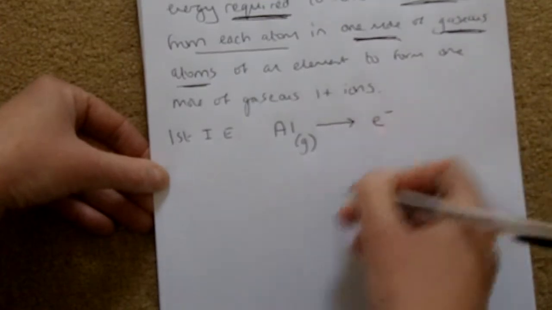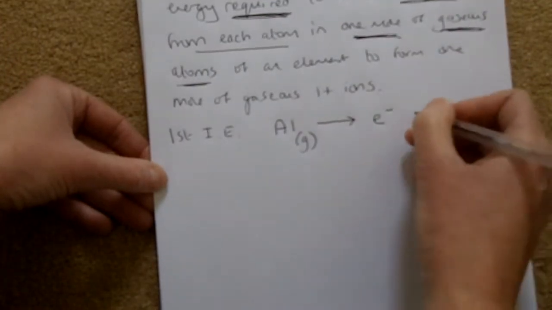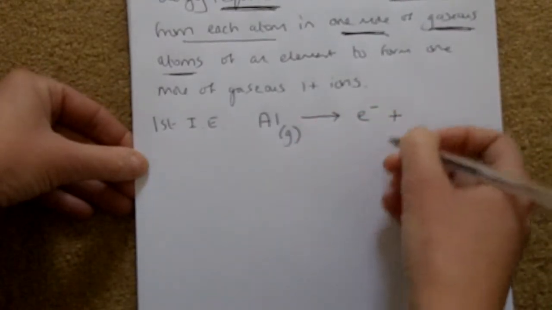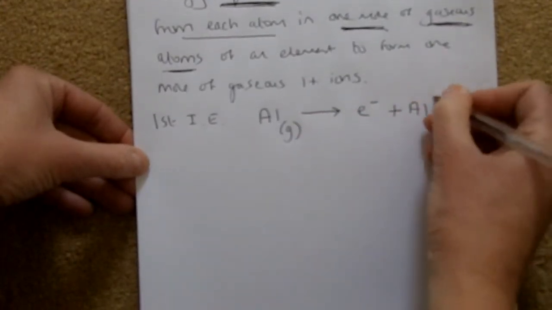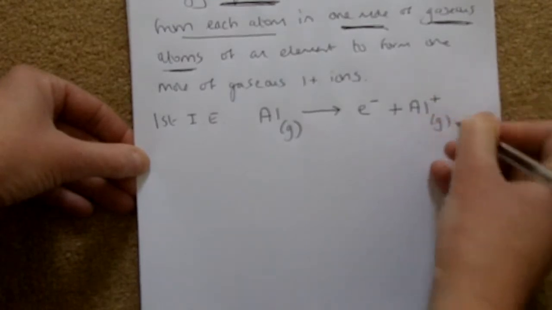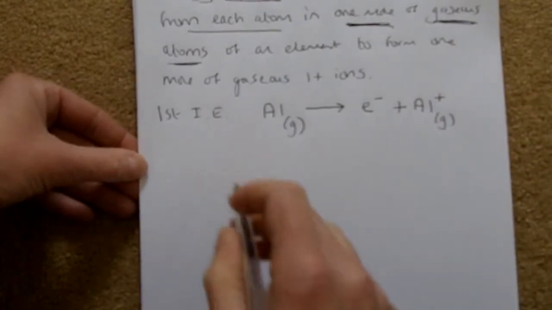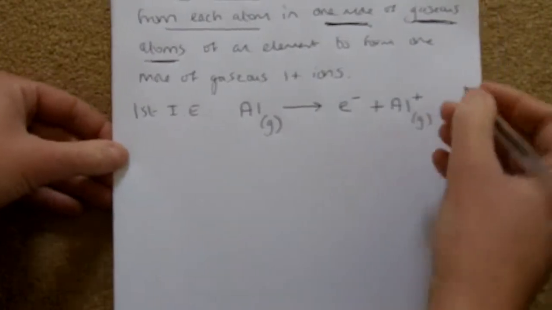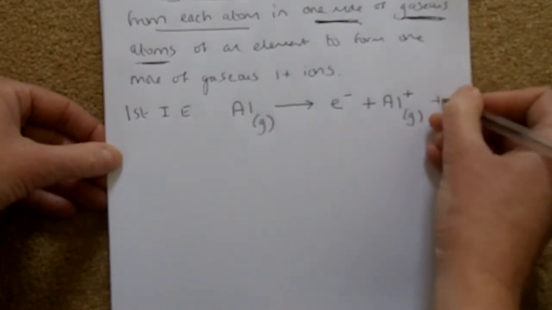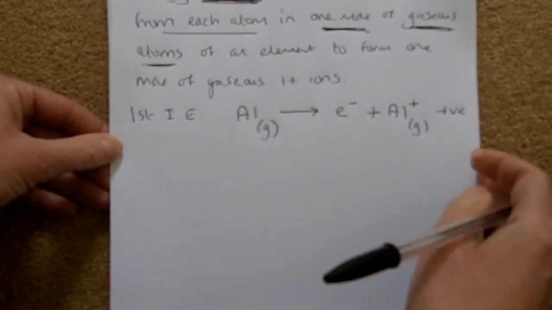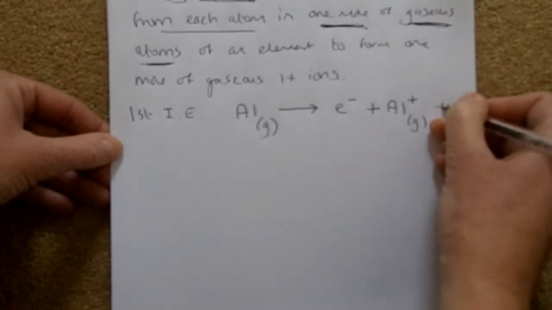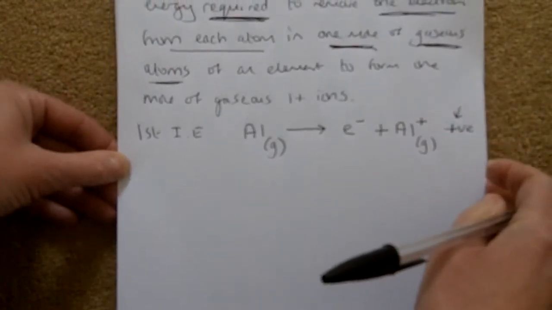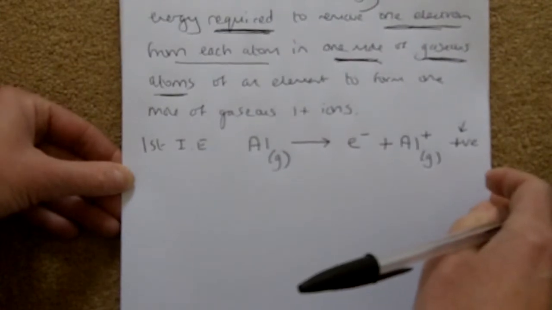When you remove an electron from aluminium, you're left with an aluminium positive ion in the gaseous state. And that's called the first ionization energy of aluminium. The energy will have a positive number in kilojoules per mole because energy is needed. Positive enthalpy change means energy is needed to remove an electron. Okay, that's the first ionization energy.